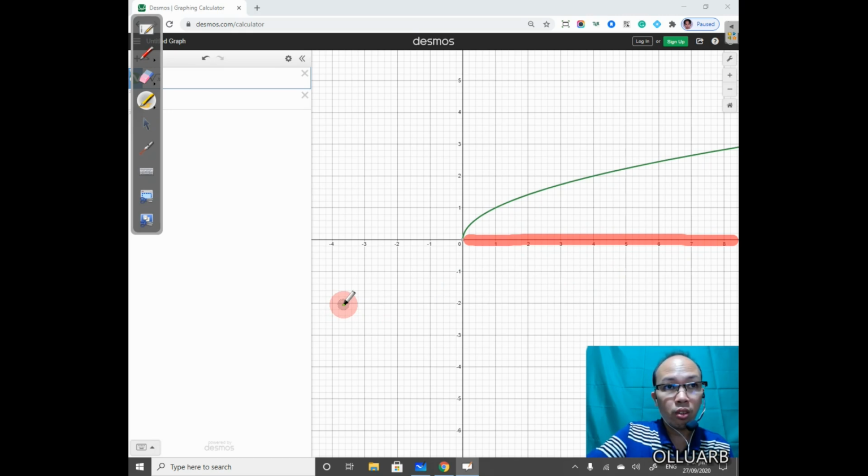No, sorry, the domain. The domain of this equation, y is equal to square root of x, is from 0 to positive infinity.